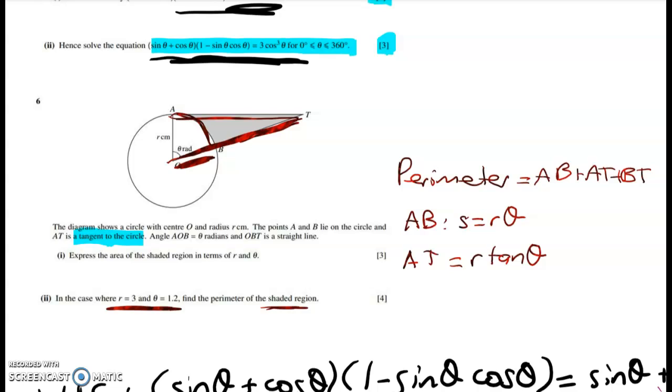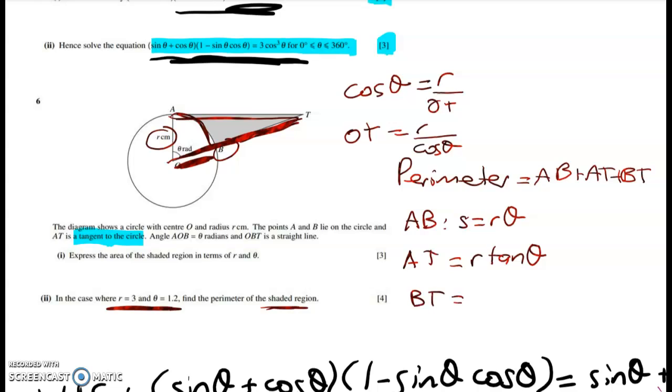Using my basic trig again, we get cos theta is equal to r, the adjacent side, over the hypotenuse OT. So OT is equal to r over cos theta. That means that BT is going to be r over cos theta, take away the radius.